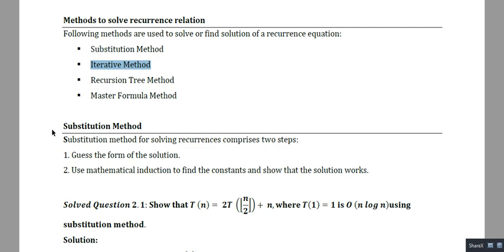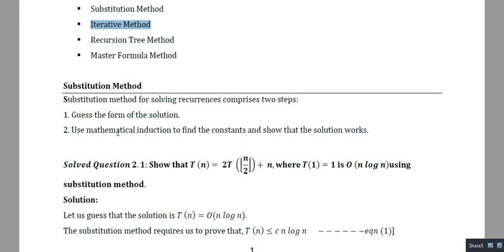In this method of solving any recurrence, we initially take the recurrence and try to guess the solution. Then we claim that our guessed solution is correct using the principle of mathematical induction.